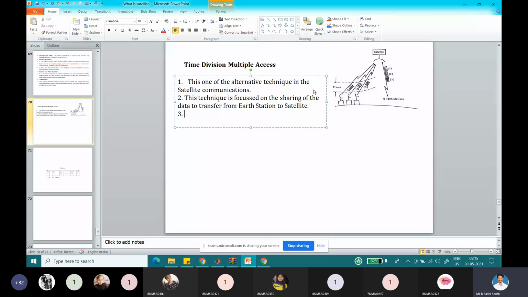The data transfer in TDMA is designed in terms of frames.